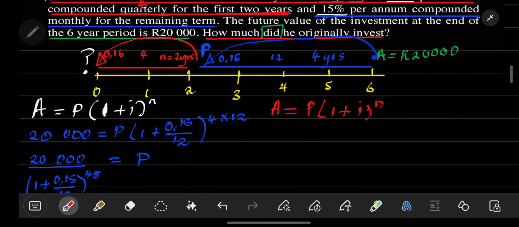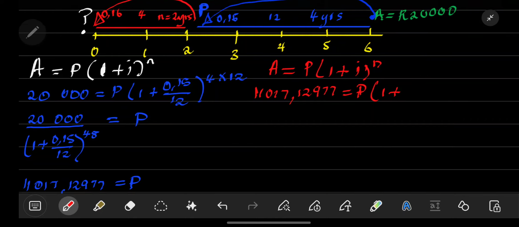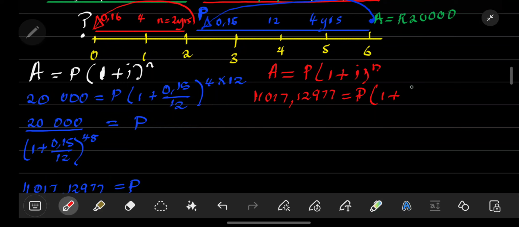So now this one that we just got, it is our future, which goes with A. So I'm gonna say that 11,017,12977 equals P, the one that we are looking for, 1 plus what is our i now on the reverse transaction? Our i is 0,16, all divided by our compounding period.